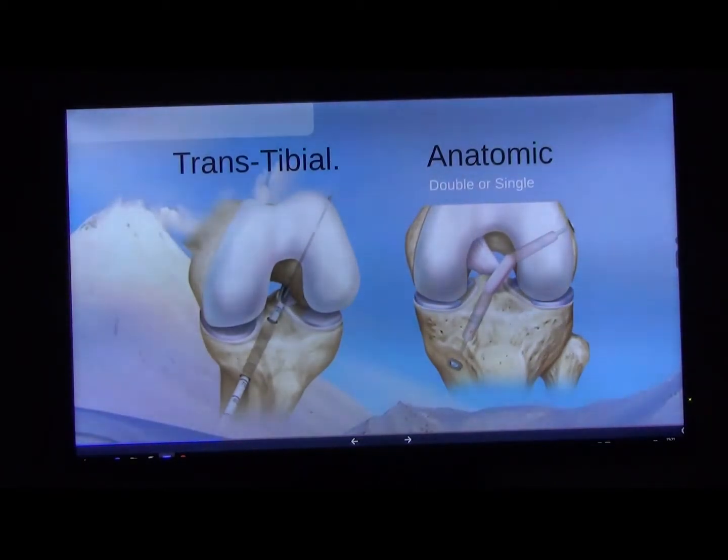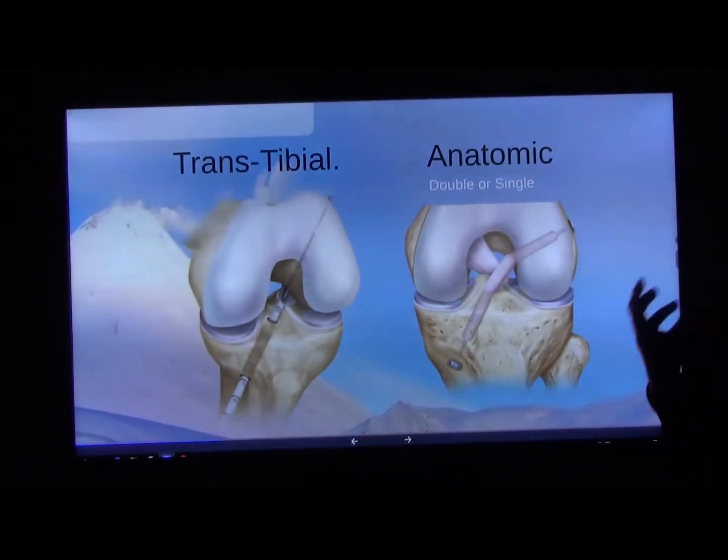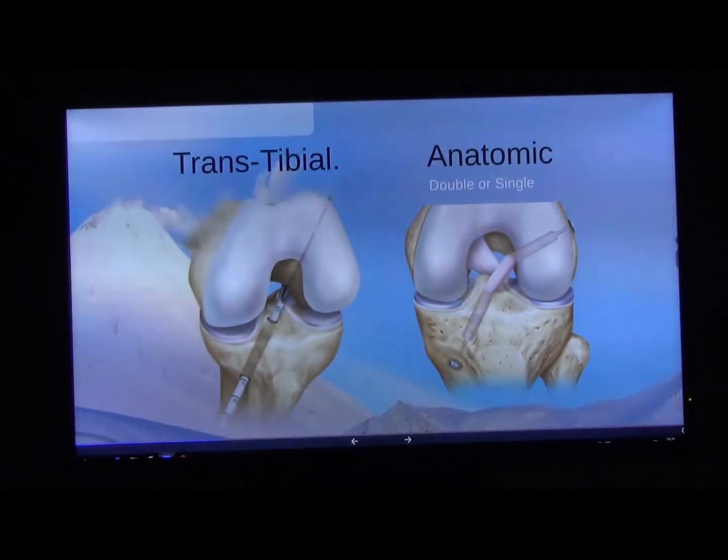So anatomic ACL reconstruction doesn't mean a double bundle only, it can also be a single anatomic reconstruction, put into the centre, so a circular graft put into the centre of what is an ovoid footprint, and we're going to look at that soon.